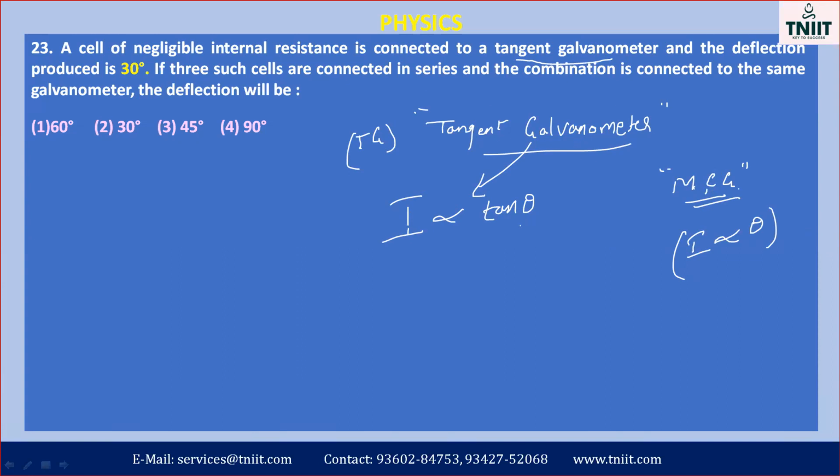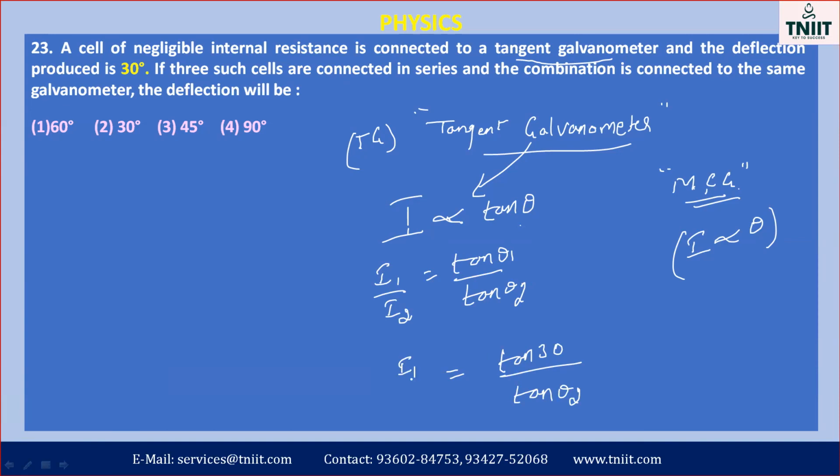So in the case of a tangent galvanometer, I is directly proportional to tan theta. So I1 by I2 is equal to tan theta 1 by tan theta 2. The first angle is 30, so tan 30. The second angle you have to find.